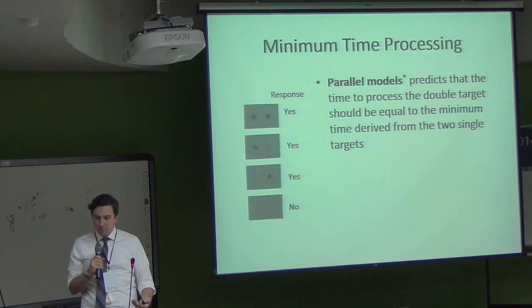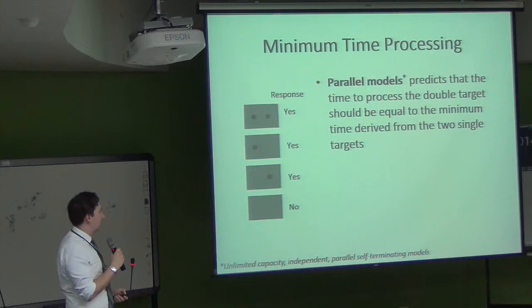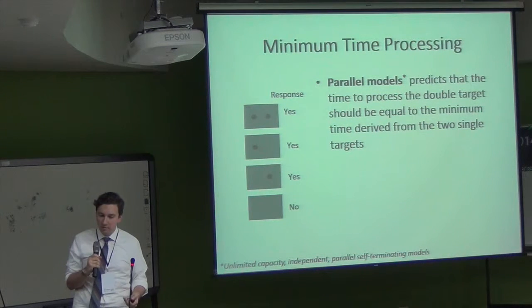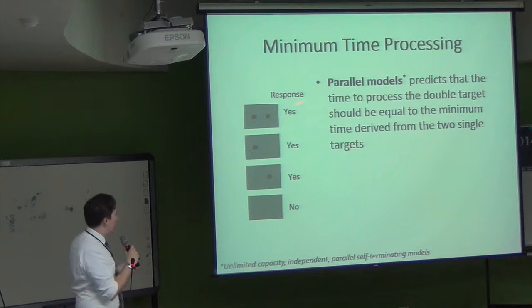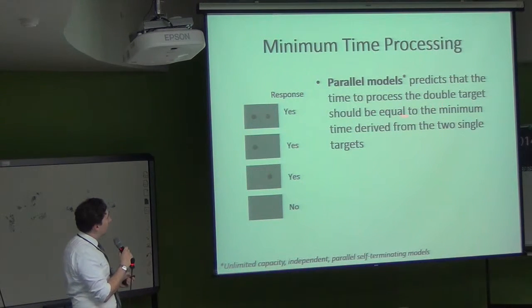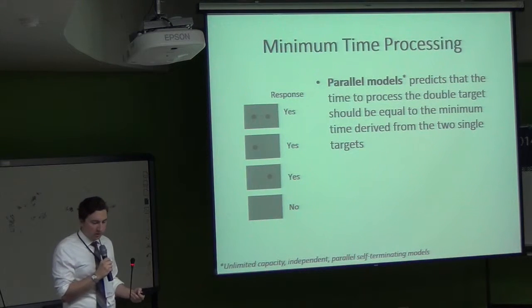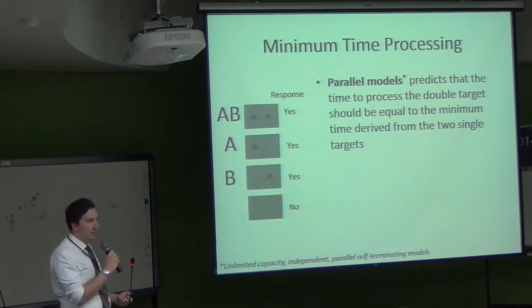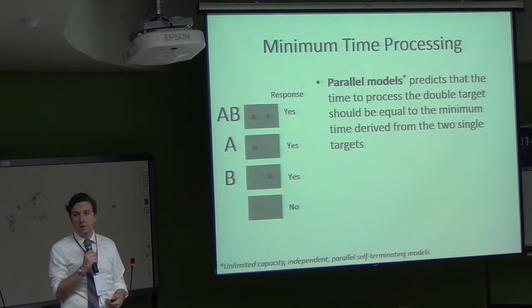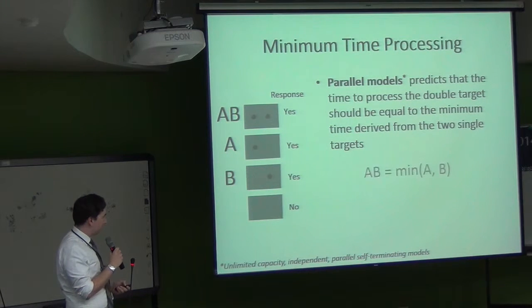So parallel models, a particular type of parallel models, unlimited capacity, independent, parallel self-terminating models, predict that the time to process the double target should be equivalent to the minimum time that you derive from each of these 2 single targets. So I'm going to specify here that we have a double target. I'm going to call that A, B. And then we have 2 single targets, which I'm going to call A when it's on the left and B when it's on the right.